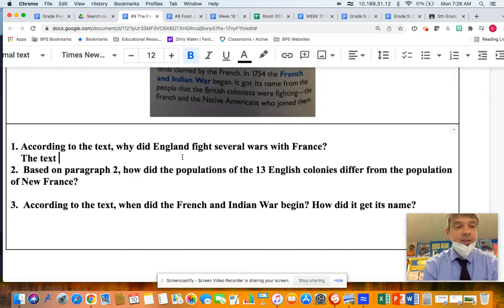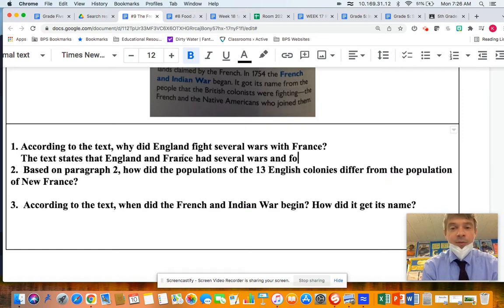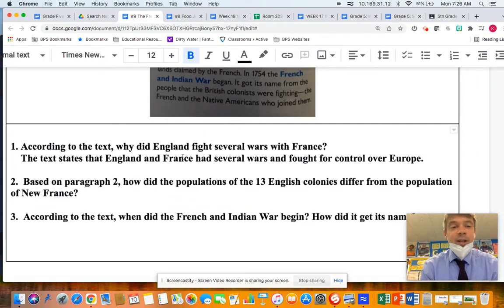The text states that England and France had several wars and fought for control over Europe. So the reading is telling us that they were rivals back in their old continent where they were from. They were rivals. And this was coming to their new world, which wasn't really new, and fighting here.